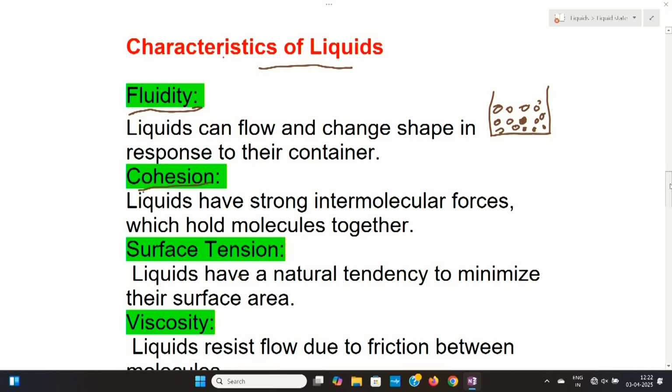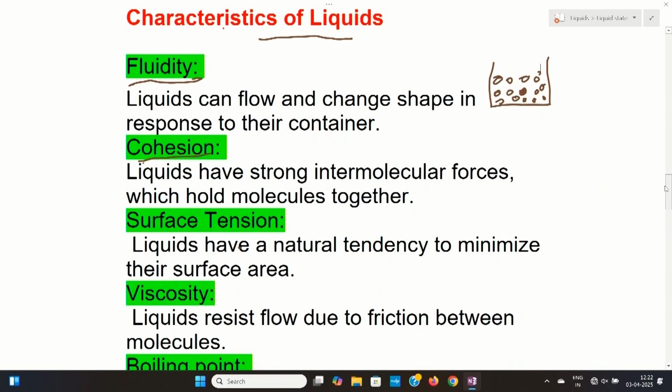Next is viscosity. Viscosity is nothing but the tendency to resist the flow of the liquid. That is because of the friction between molecules. We are familiar with honey and oil.